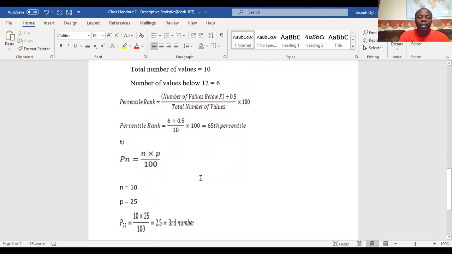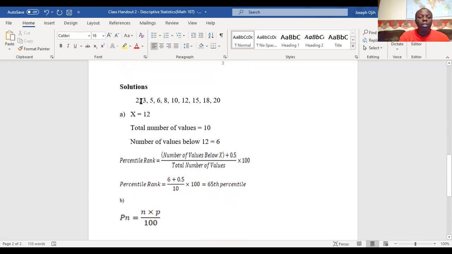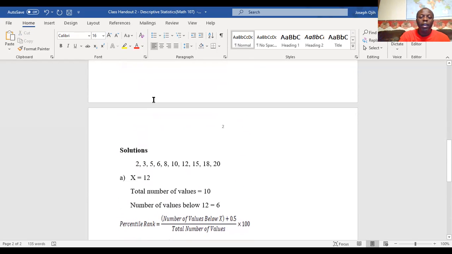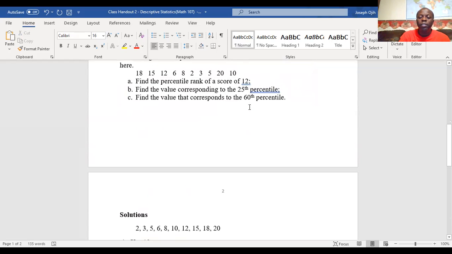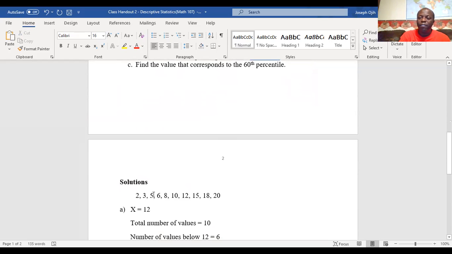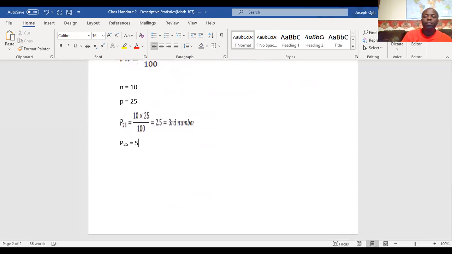You count first, second, third, so the number, according to the equation, that corresponds to the 25th percentile is 5, because 5 is the third number here. Now, I hope you enjoyed that one too. I told you I'm going to make this easy for you.